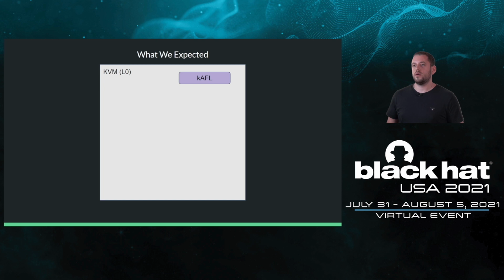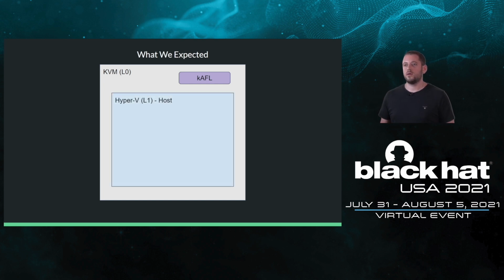We have L0. With regards to the L0, L1 and L2 terms, these describe levels of virtualization. L0 is the bare metal host, which runs Ubuntu Linux with KVM, which is the Linux hypervisor, with kAFL running above it.